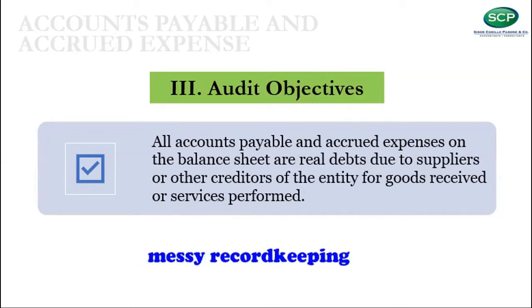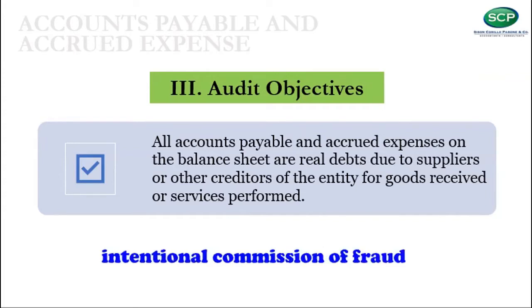Aside from messy record keeping, however, accounts payable and accrued expenses may also be affected when the company tries to defraud its investors. For example, in the widely reported accounting scandal case of McKesson and Robbins, the company inflated its revenues and purchases of inventories through the creations of fictitious supporting documents such as sales and purchase invoices.